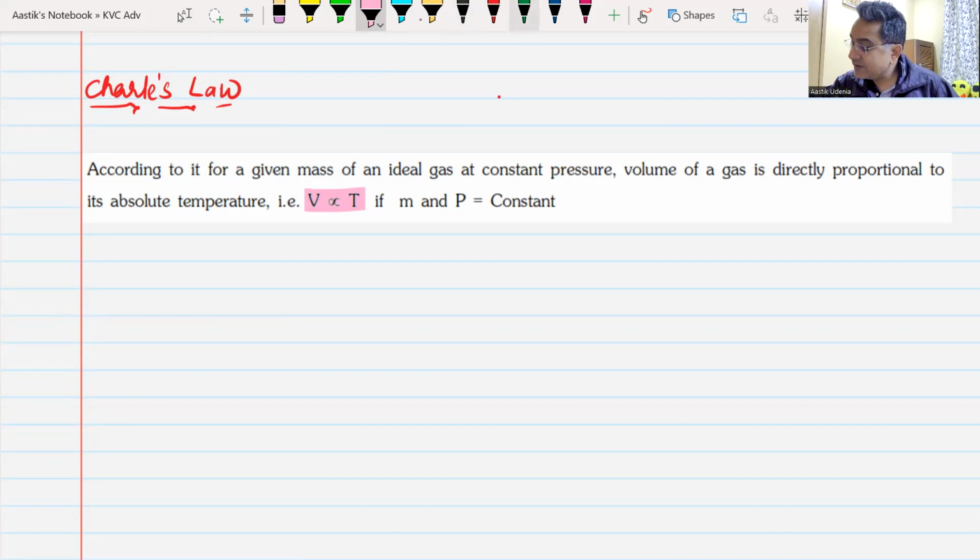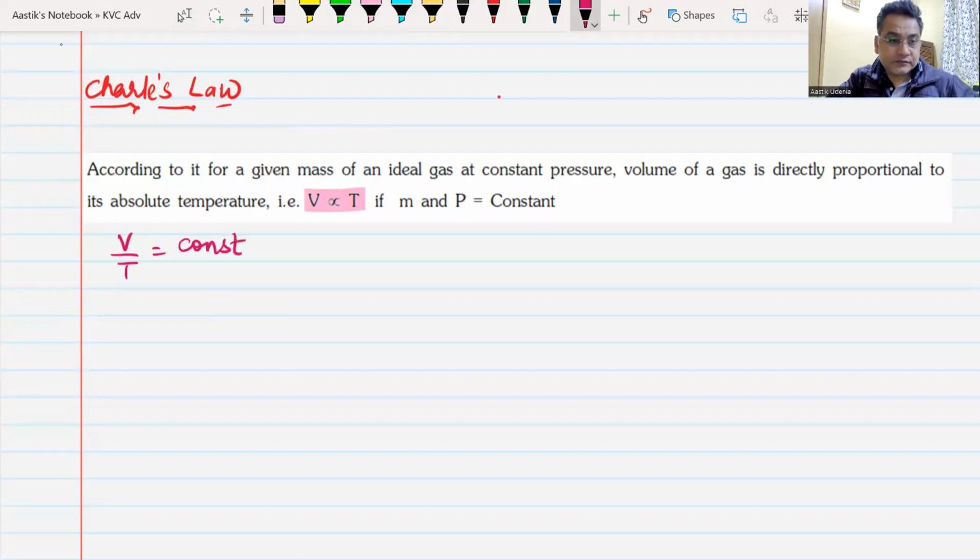Or you can write it like this: V by T is a constant. You can draw different graphs.